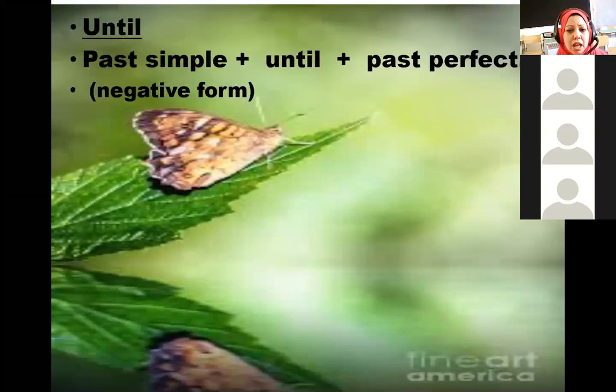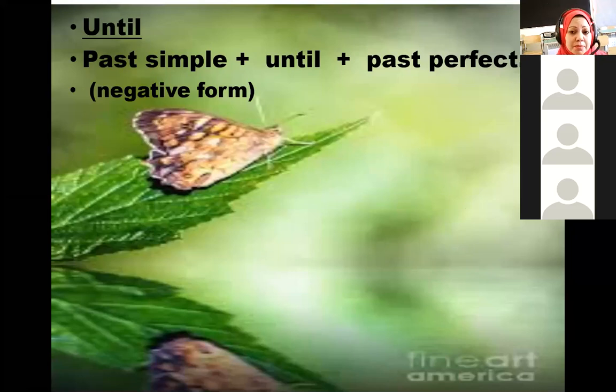Okay? The last thing that we are going to talk about is until. Until is like after and as soon as. It must be followed by past perfect, which is the first action, as I told you before. But it has a special rule. It must come after a sentence in past simple, but remember, it must be in negative form.